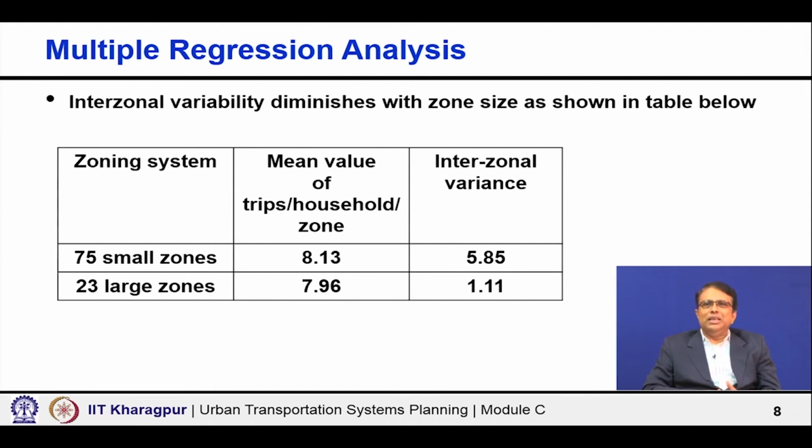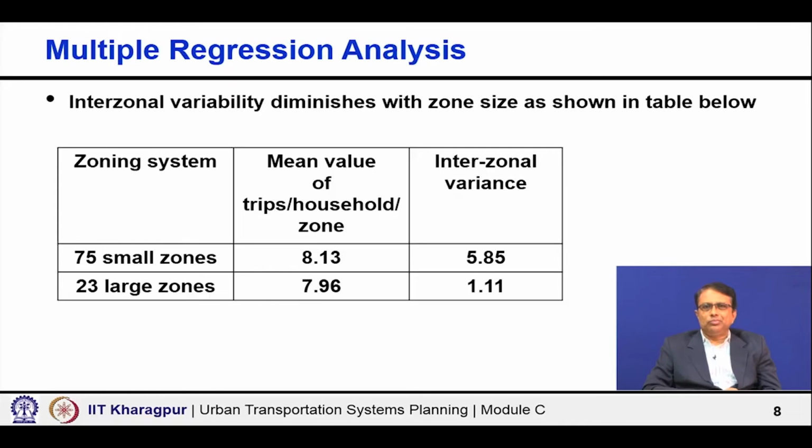When the same study area was divided into 23 large zones, the mean value came at 7.96 and the interzonal variance came only as 1.11.